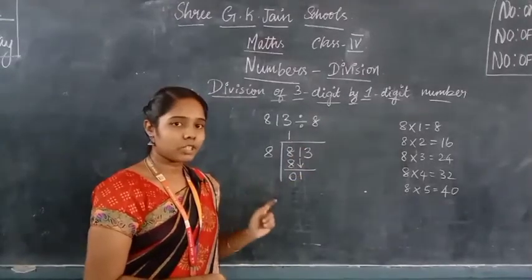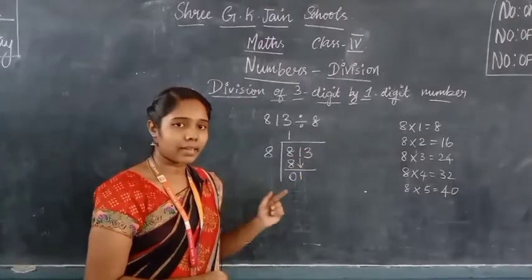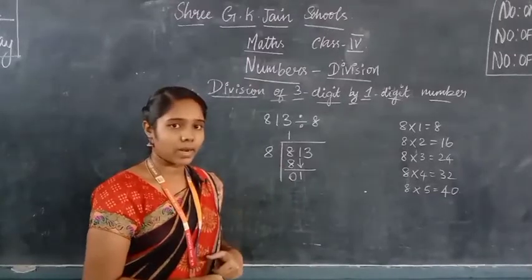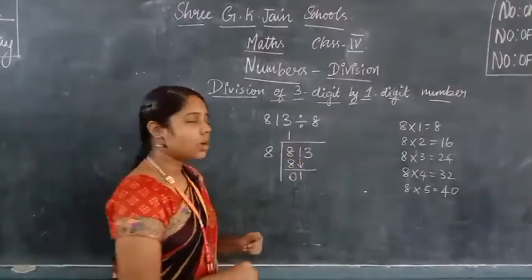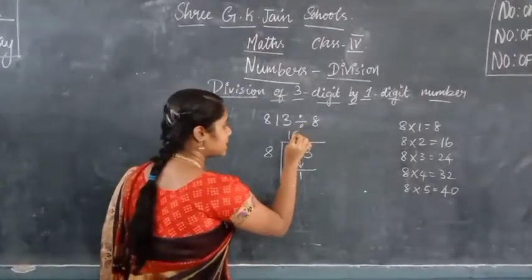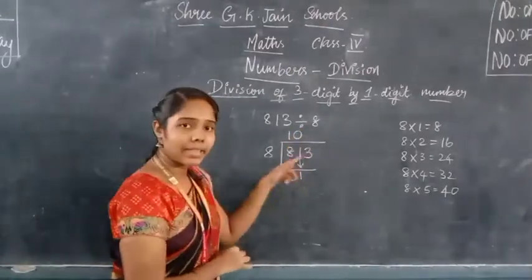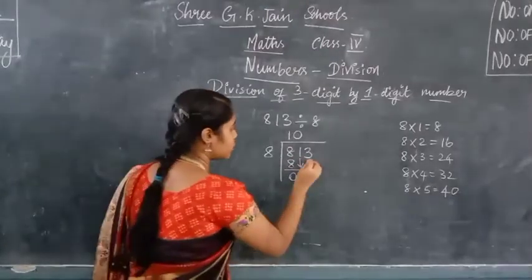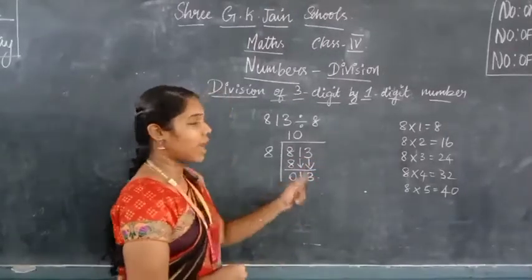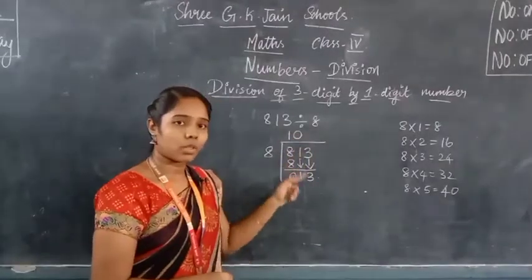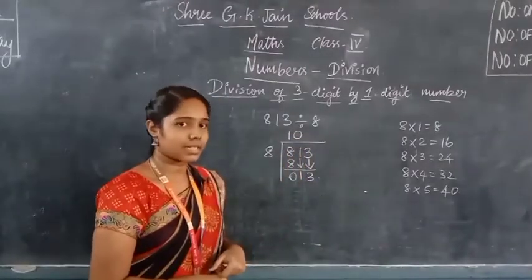But in division, what is the condition? At a time we can take down only one number. So if I want another number also, what should I do? I should add a 0 in the quotient and then I can take down the next digit. Now 3 also I can take down.